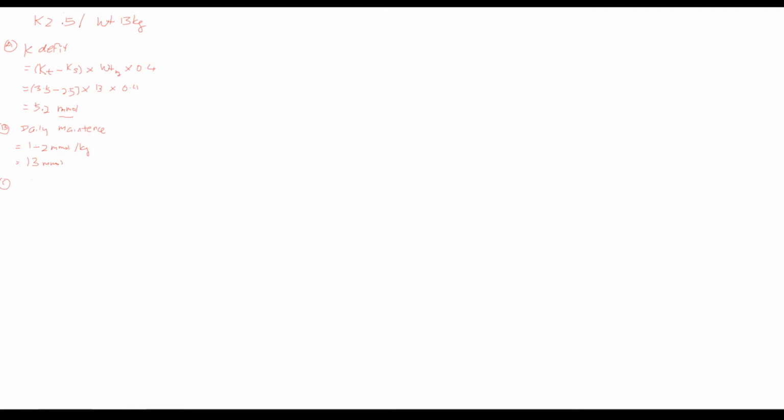So the next step is calculating the total requirement of potassium, for which the formula will be the deficit in A plus the maintenance in B. Deficit plus maintenance, which is 5.2 plus 13, which will be 18.2 millimoles.